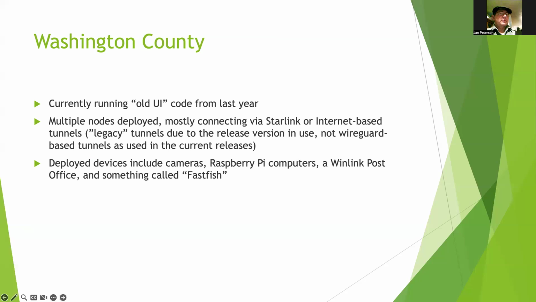They've got multiple nodes deployed, mostly connecting via Starlink or internet-based tunnels. They experimented with some RF links and weren't able to successfully keep those up. I think if they were to upgrade to current versions that use PTMP and point-to-point options in the Wi-Fi signal, they might do better.